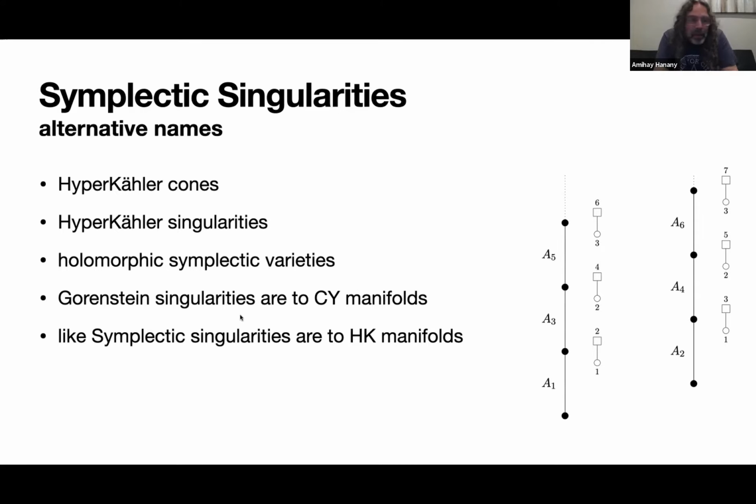And I think quite importantly, you can find an analogy. So Gorenstein singularities show up in Calabi-Yau manifolds, just like symplectic singularities show up in hyperkähler manifolds.